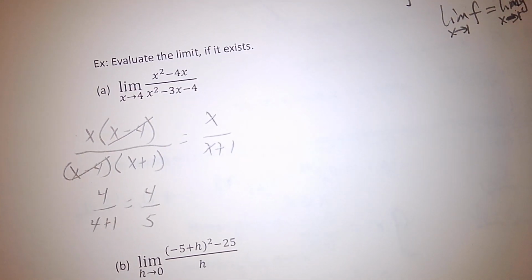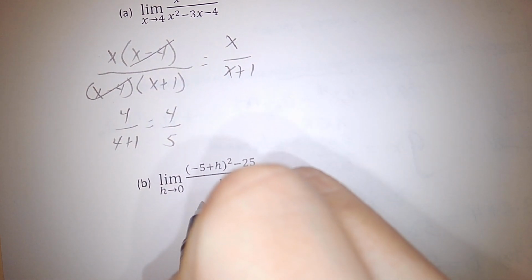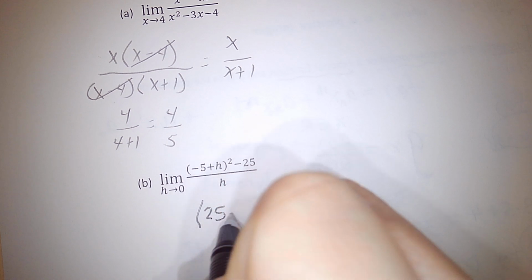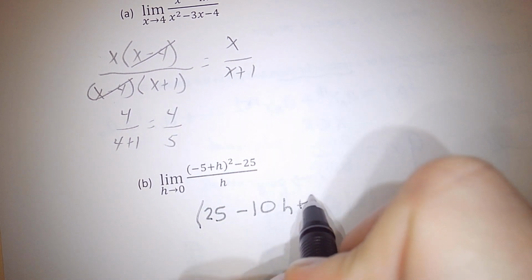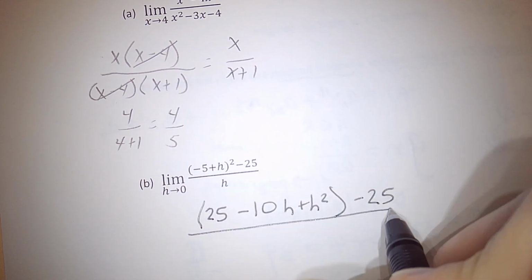Oh wait, can't move that. So you have to fill the top, and you'll get 25 minus 10 each. Then you have 1 minus 25 all over h.